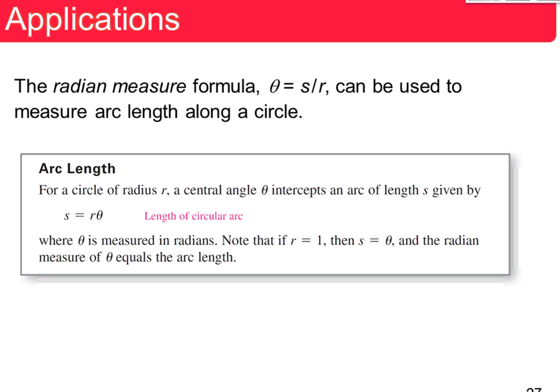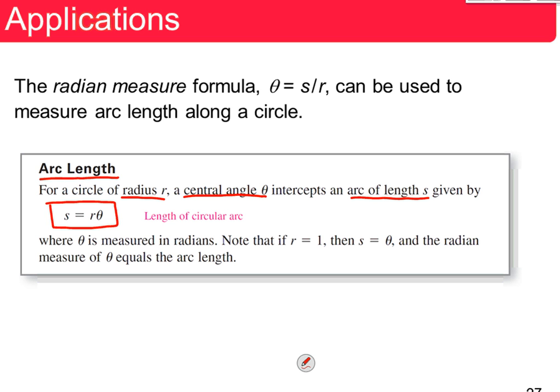We'll do things like revolutions and all kinds of stuff. Arc length: for a circle with radius R and central angle theta that intercepts an arc of length S, the formula is S equals R theta.